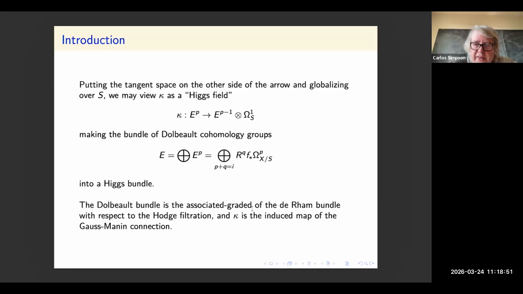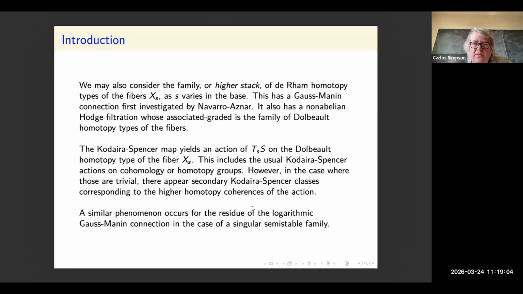As you all know, the Dolbeault bundle is the associated graded of the de Rham bundle with respect to the Hodge filtration, and kappa is the map that's induced by the Gauss-Manin connection. Now, instead of looking at just the cohomology, we can look at the family of de Rham homotopy types of the fibers as s varies over the base, and this should really be considered as a higher stack.